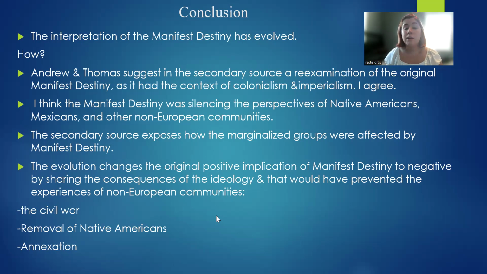So overall, the secondary source exposes how marginalized groups were affected by Manifest Destiny, and the evolution changes the original positive implication of Manifest Destiny to a negative one by sharing the consequences of the ideology, such as the Civil War, the removal of Native Americans, and annexation of Texas and other states to the Union of the United States.